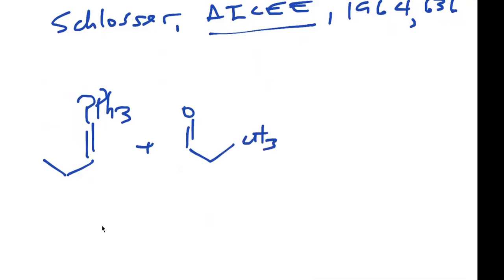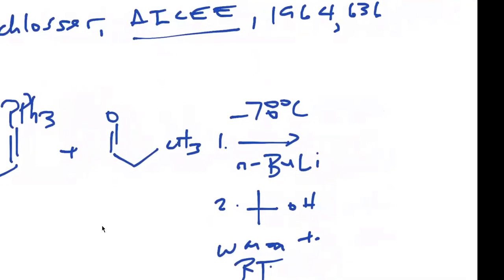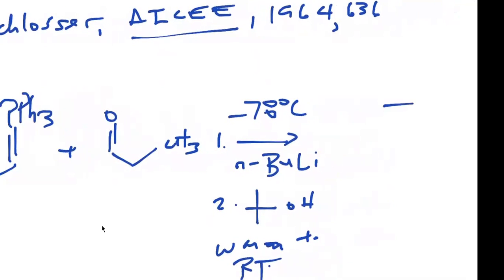So if I take this ylide and this aldehyde, and then at low temperature I treat it with butyllithium, which is a very strong base, and I'll show you what that is in a minute, and then follow that up with tert-butanol and I let it warm to room temperature, right, I actually can get out the trans alkene, which is totally unexpected.